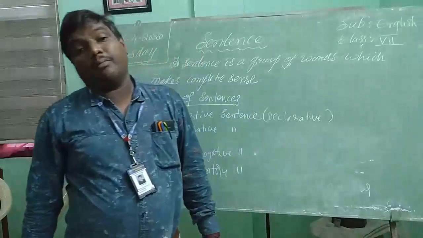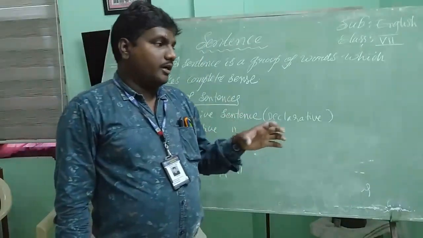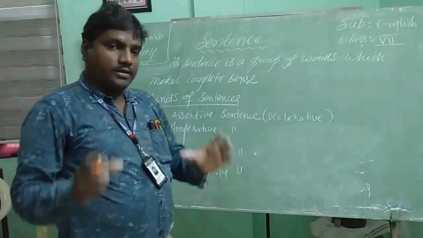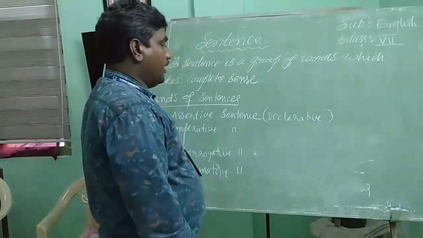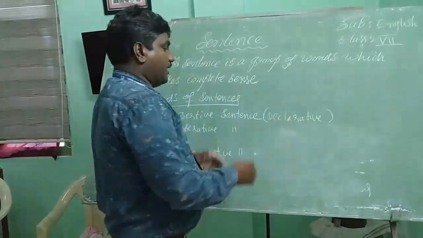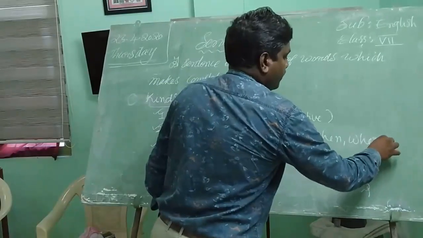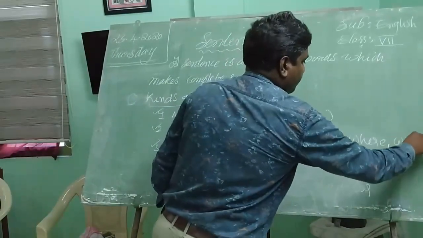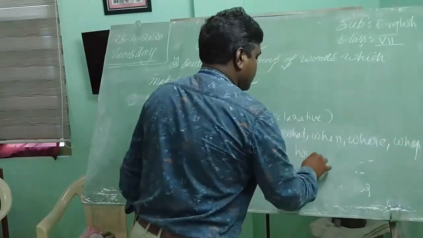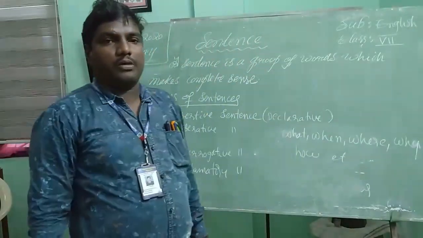Next, WH word questions. What are the WH word questions? Generally, WH word questions start with interrogative pronouns like what, when, where, why, how, etc. These are some interrogative pronouns.